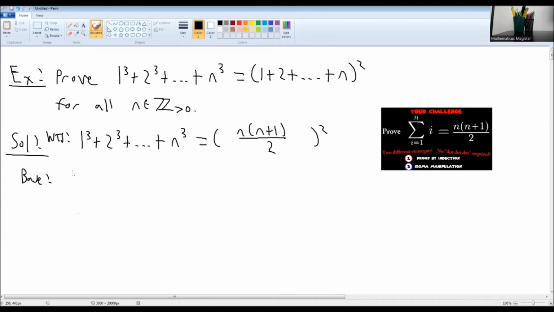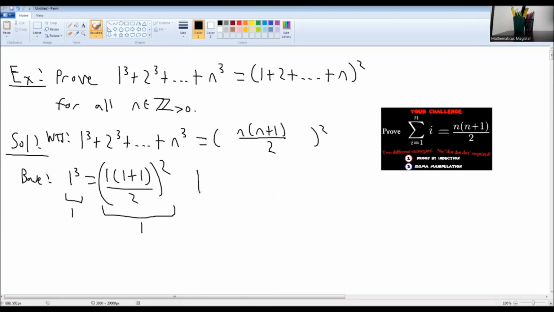Our base case is if n is 1, we get 1 cubed on the left side, and then the right side becomes 1 times 1 plus 1 all over 2 squared. And let's see, this 1 cubed comes out to 1, and this comes out to 2 over 2, which is 1 squared, which is equal to 1.